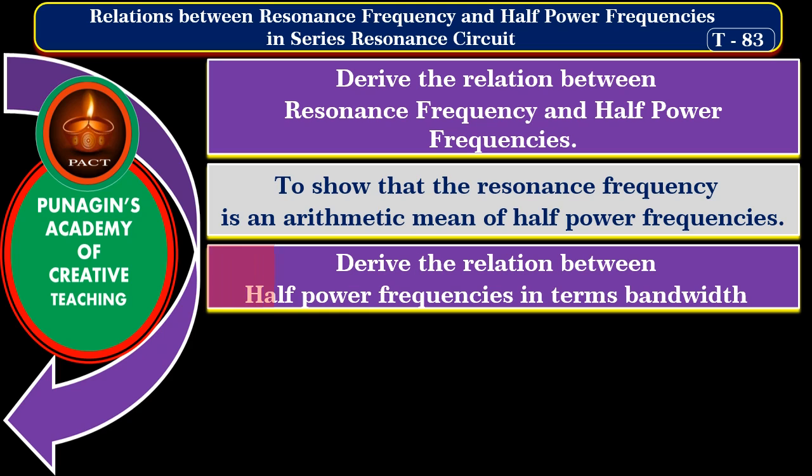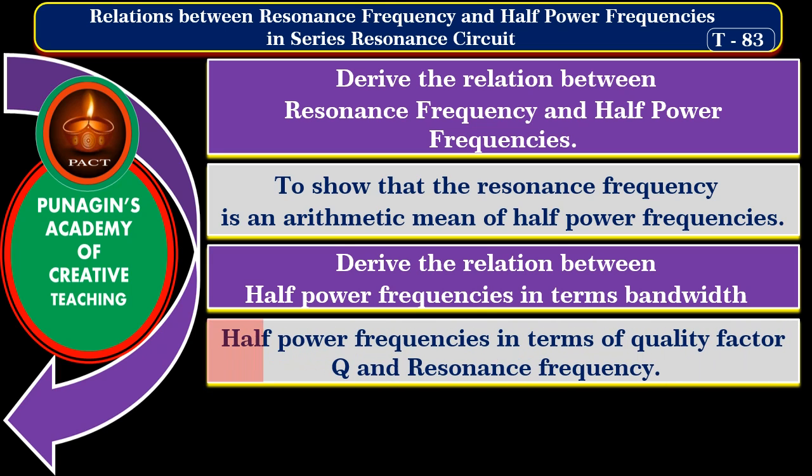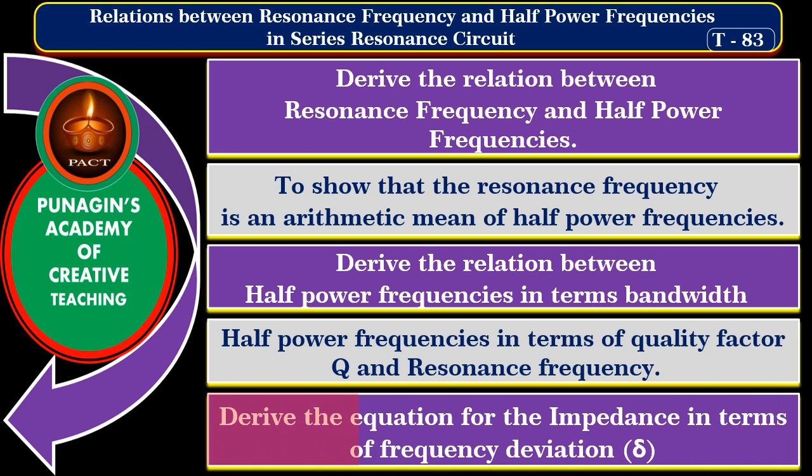Next, we shall derive the relation between half power frequencies in terms of bandwidth and half power frequencies in terms of quality factor Q and the resonance frequency. Finally, we shall derive the equation for the impedance in terms of the frequency deviation delta.